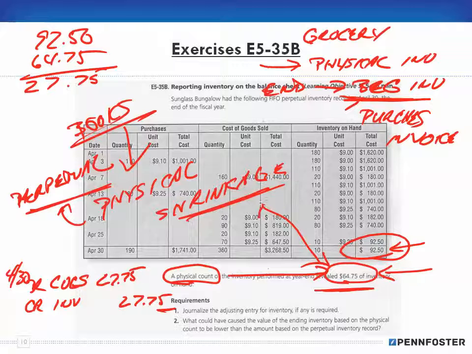And of course, you have to adjust your books to that amount, and that's why you make this journal entry to your books, in order to bring what's on your books into line with what your physical inventory is.